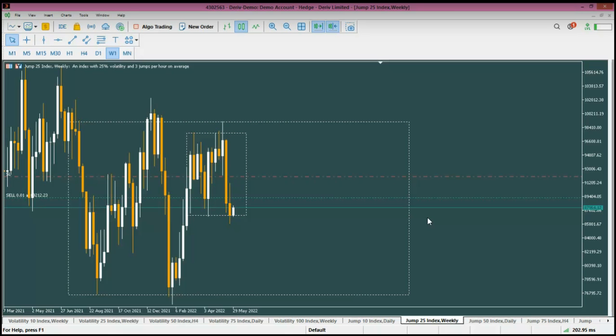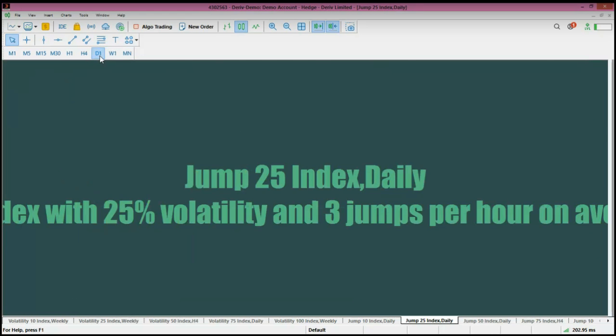On jump 25, we were looking for a selling opportunity. That's what SO stands for: selling opportunity, meaning we were waiting for a selling opportunity. So on jump 25, we had that selling opportunity there.